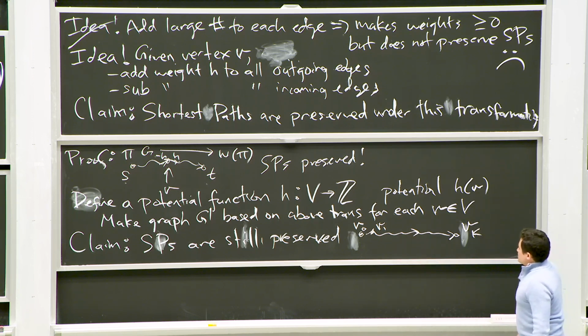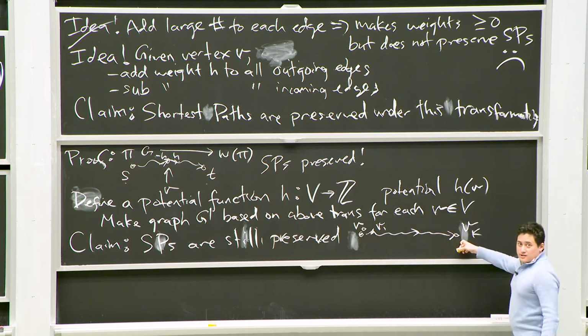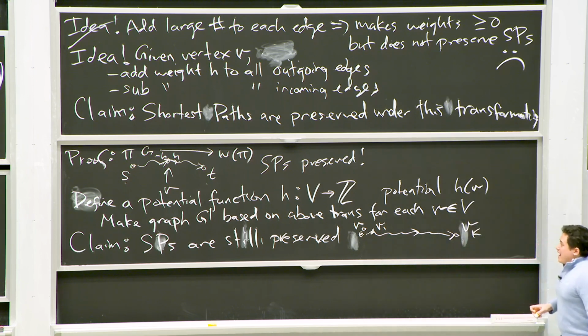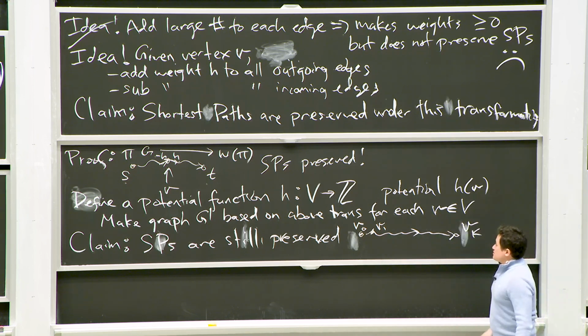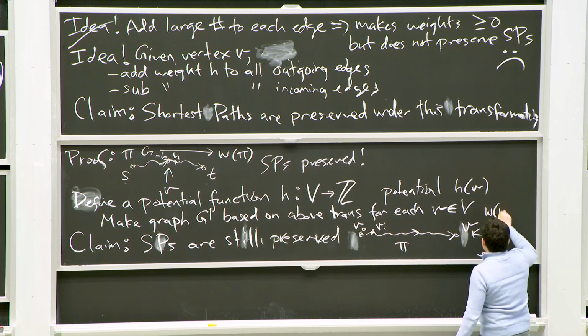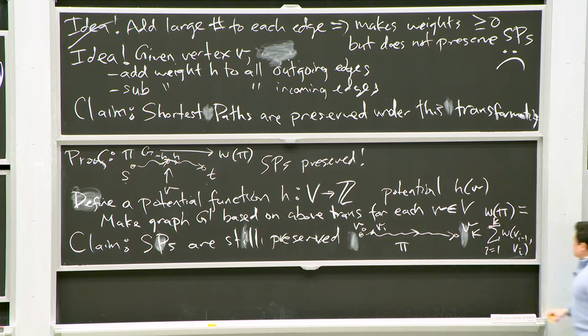I claim to you that any shortest path from V0 to VK remains a shortest path after I reweight everything in this way. Okay, so let's say this is path pi, and it has weight W pi, which is really just the sum of all of the edge weights from Vi minus 1 to Vi for i equals 1 to K, right?